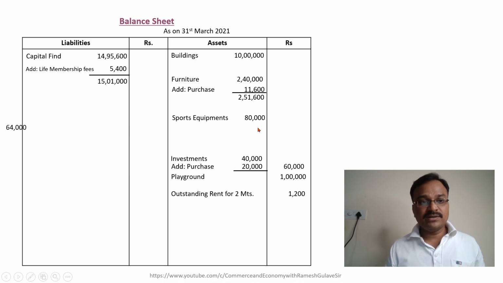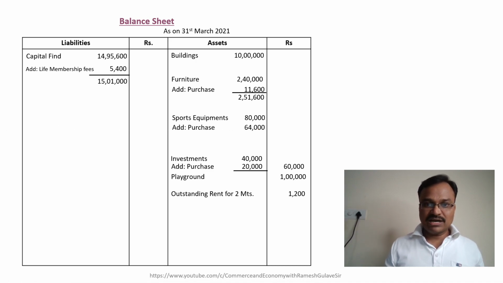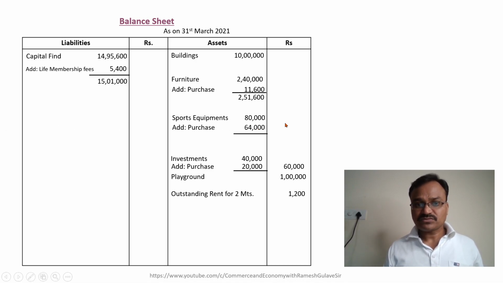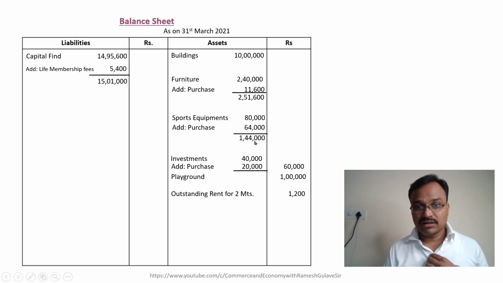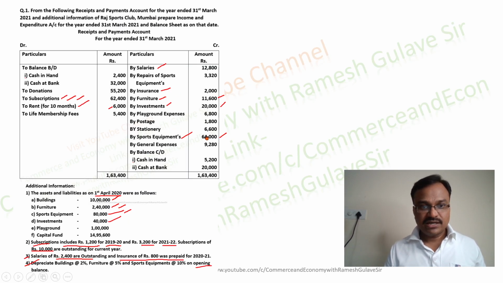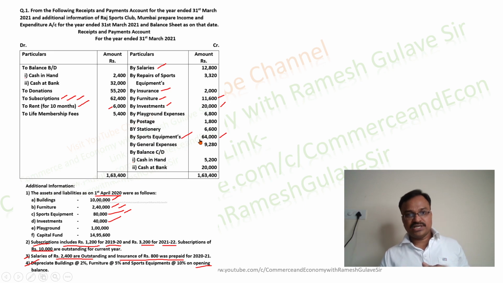So 80,000 plus 64,000 gives us 1,44,000. So 1,44,000 is the amount of sports equipment, and still we have written it in the inner column because there is an adjustment on it. Okay, about the depreciation, right? Okay, so here we have recorded the sports equipment.